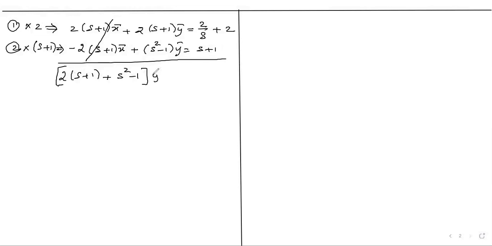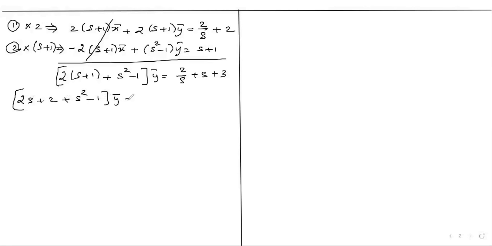The common term is y bar equals, here 2 over s plus s is there, and 1 plus 2 is 3. We are just adding them. When you add, see, positive symbol, negative symbol, then only it will get cancelled. And here just solve it. Now 2s plus 2 plus s square minus 1 will be there.